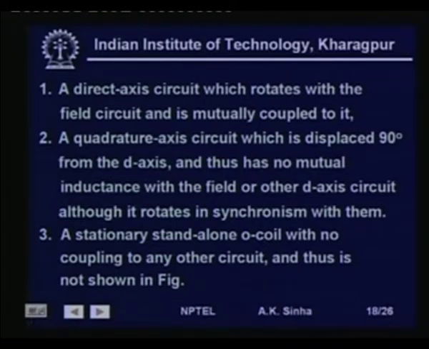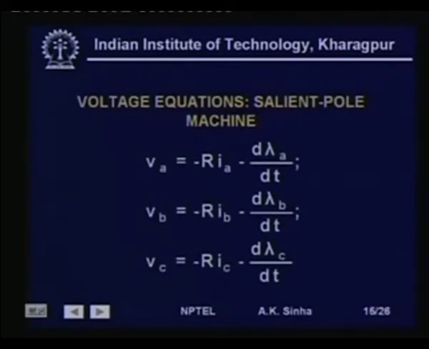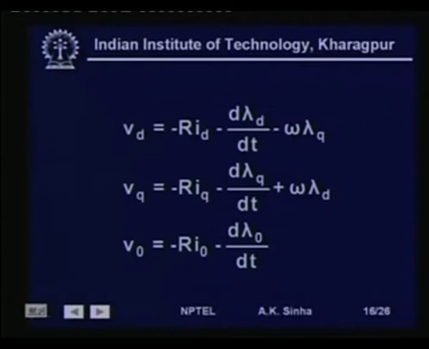That is, if we see here, we have V0 equal to minus R I0 minus d lambda 0 by dt. This has no coupling with the other coils, and since this will be 0 for a balanced operation, we normally do not show this at all.